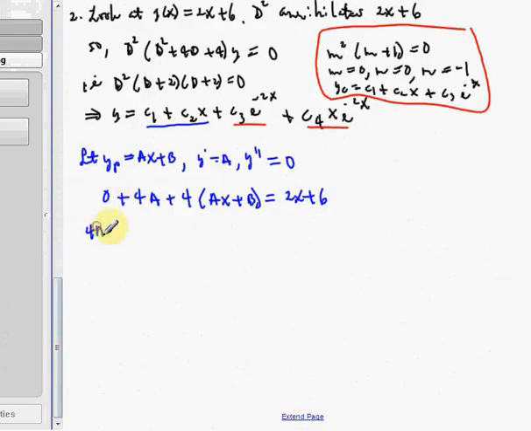So we get 4a plus 4ax plus 4b is equal to 2x plus 6.